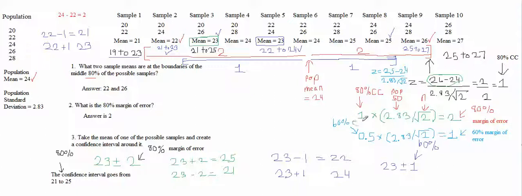So to get your margin of error, you take the correct confidence coefficient with the right percentage, multiply it by this fraction right here, population standard deviation over square root of sample size, and you get the margin of error that you wanted.